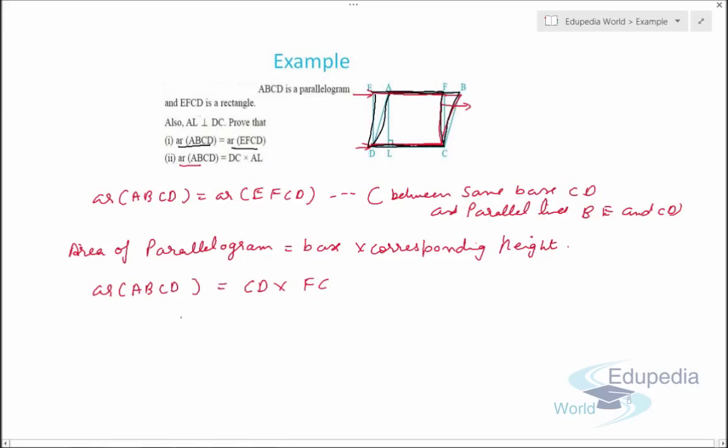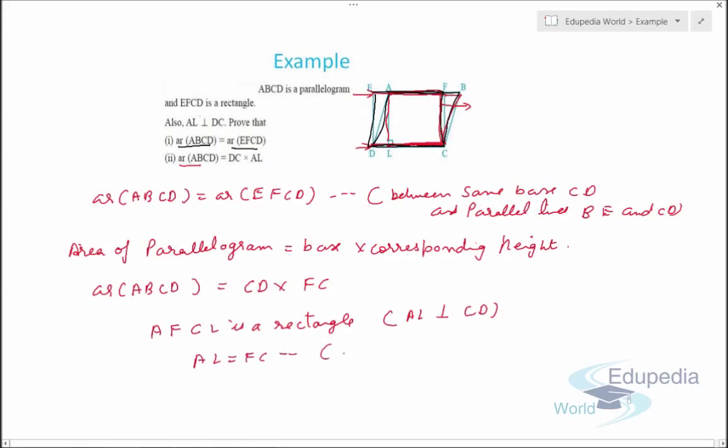Now since AFCL is a rectangle. Why is it a rectangle? Because AL is perpendicular to CD, so it makes a rectangle. Then we can say that AL will be equal to FC.